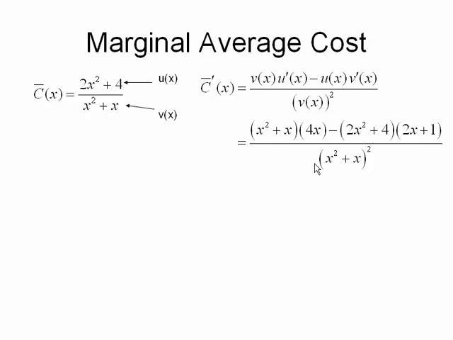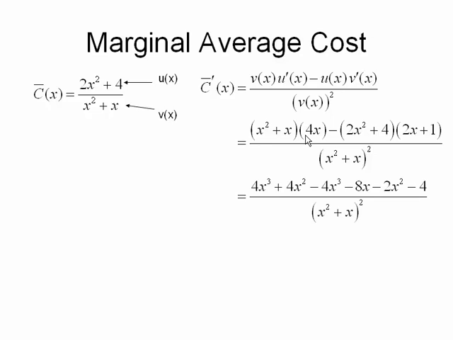Mostly what we're going to be doing here is simplifying the numerator. So what I need to do is multiply out each one of these terms here. So I'll go ahead and multiply the 4x times x squared, the 4x times x, that gives me 4x cubed, plus 4x squared. I need to FOIL out 2x squared plus 4 times 2x plus 1, but at the same time I need to distribute that negative.